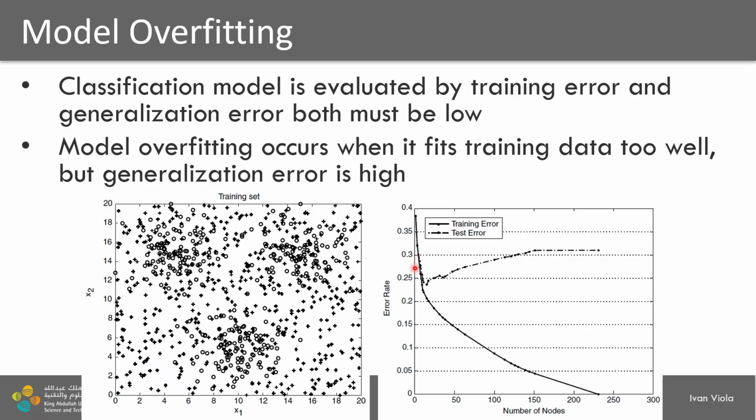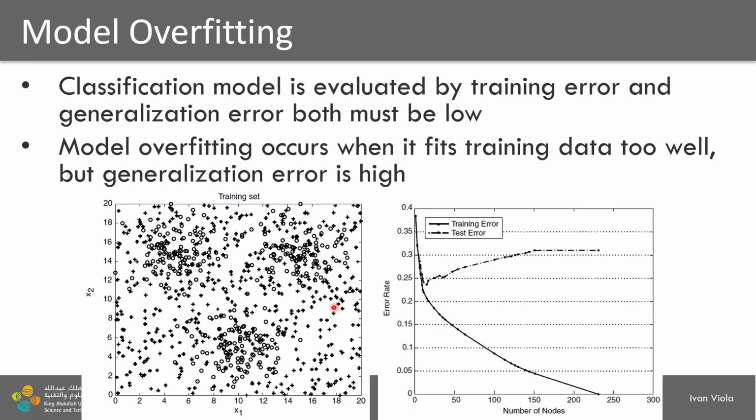But at some point, the model starts to overfit to individual elements. Imagine that if we draw a small boundary around every one of these training points, we will end up with a perfect training decision tree, which is characterized here.